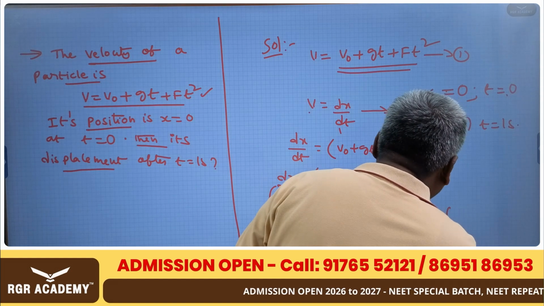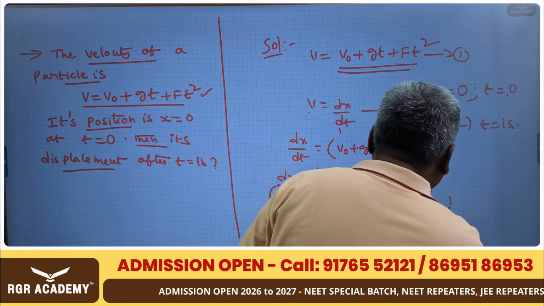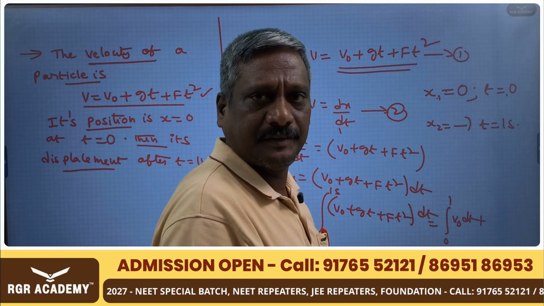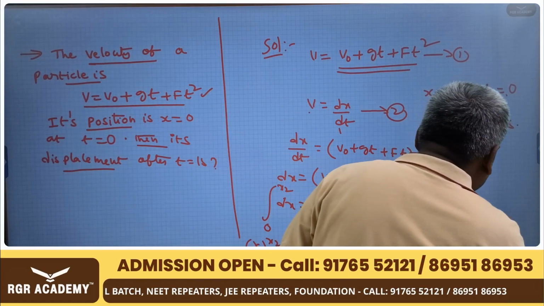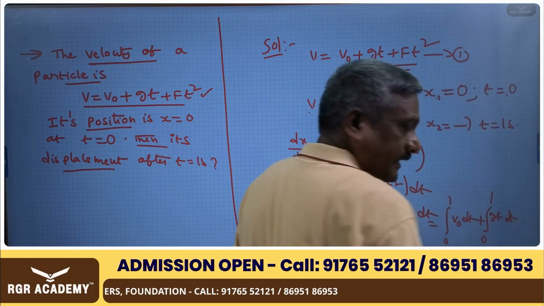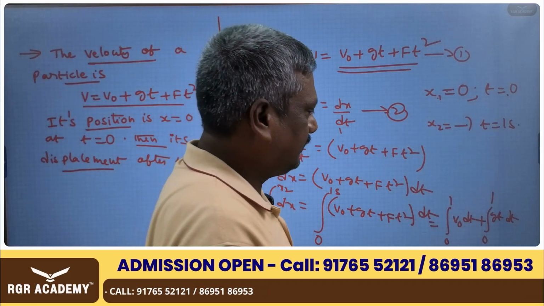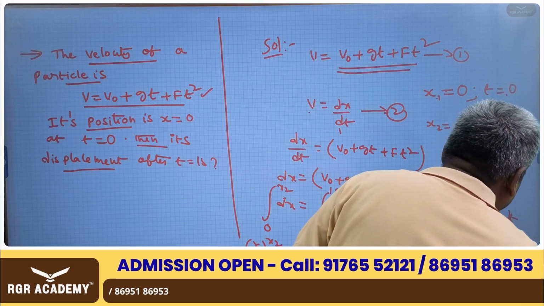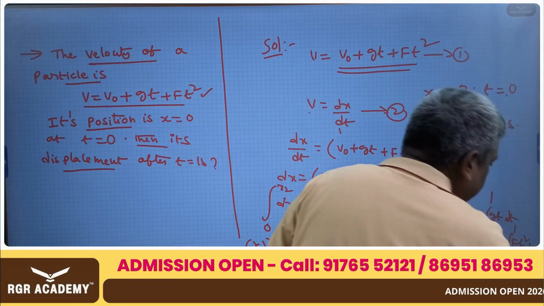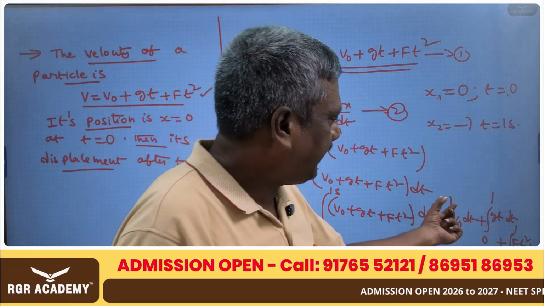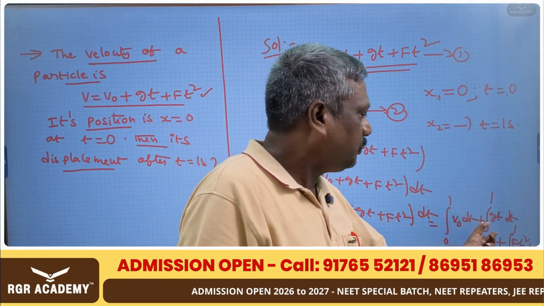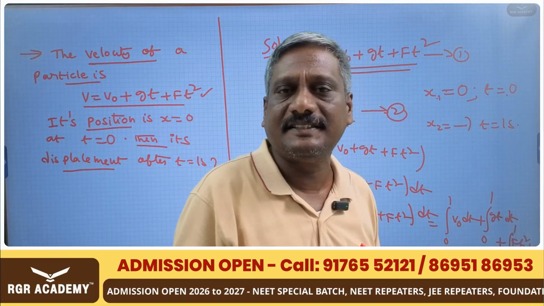First one is 0 to 1 v naught into dt, plus second one, 0 to 1 gt into dt. That is the second integral. What is the last one? Integral 0 to 1 ft square into dt. Observe this. The entire integral can be split into 3 different integrals like this.